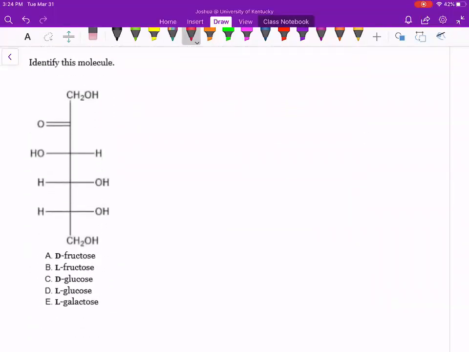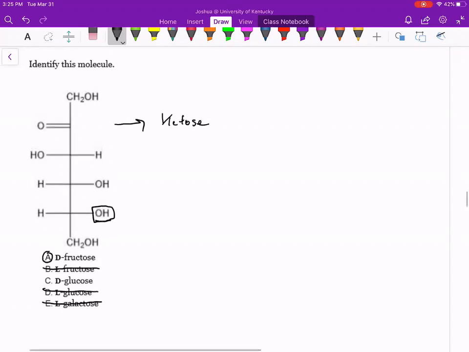Next question, identify this molecule. Specifically, we know it's a D sugar. It is a ketose. So it's D-fructose. That was just something that you would have to memorize.